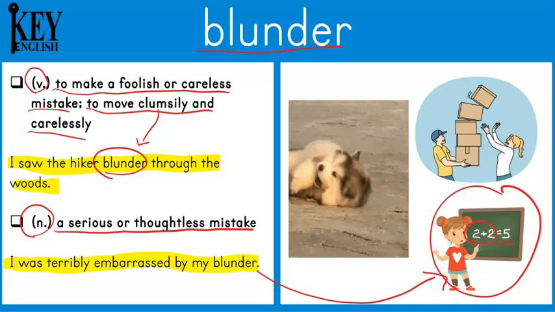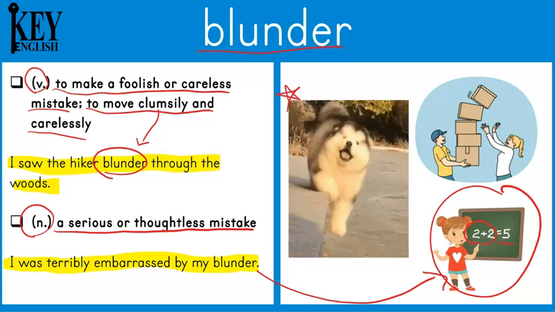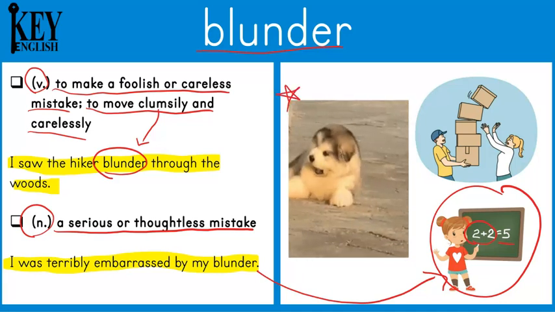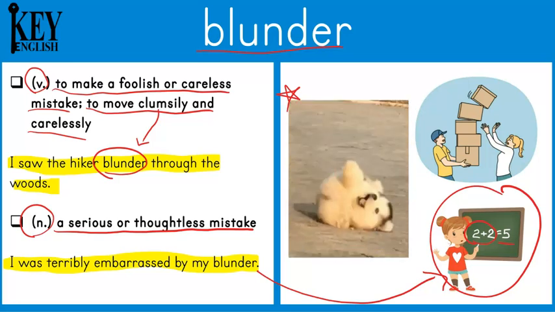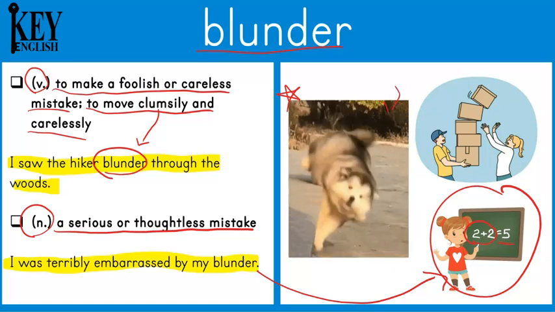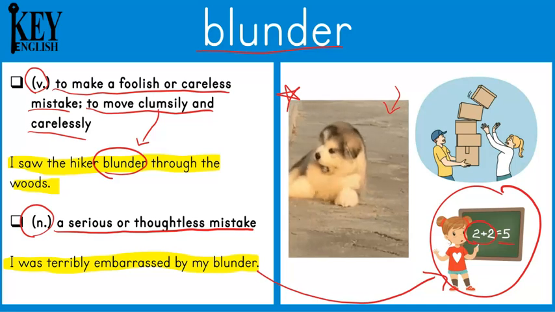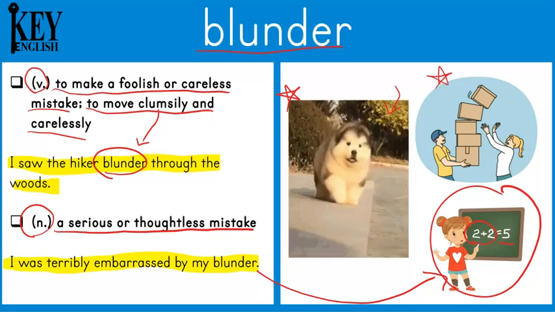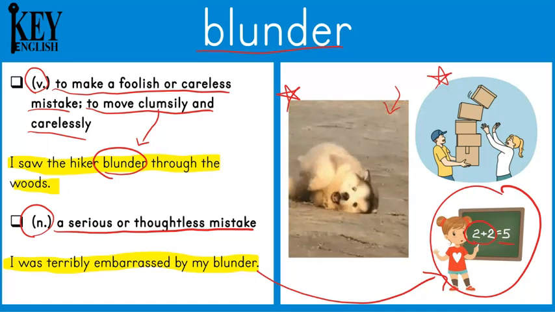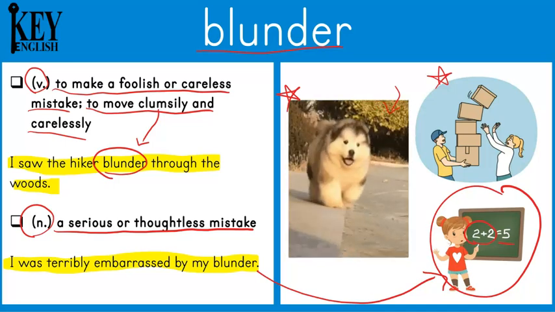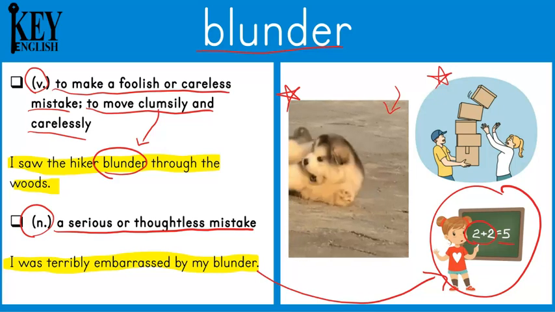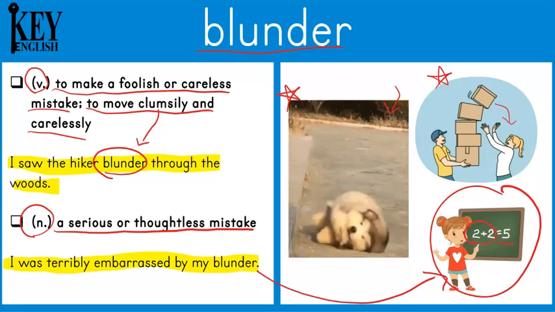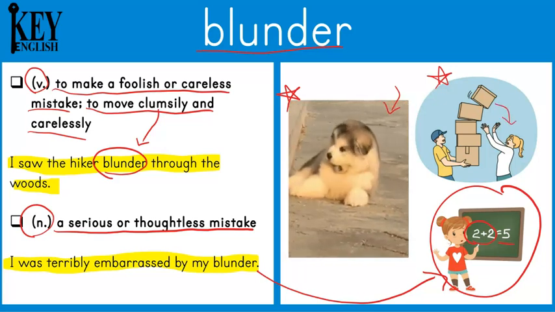And since blunder can also be used as a verb to talk about someone who is being clumsy or careless, I can say, the puppy blundered down the street, falling down many times. Here, I could say he blundered by stacking too many boxes on top of each other. It was a careless mistake because the boxes could fall down and hurt someone.